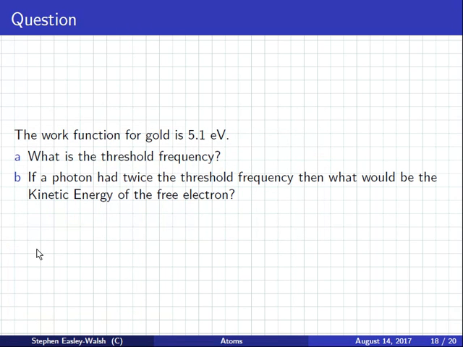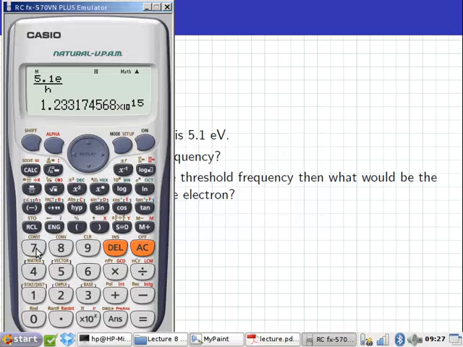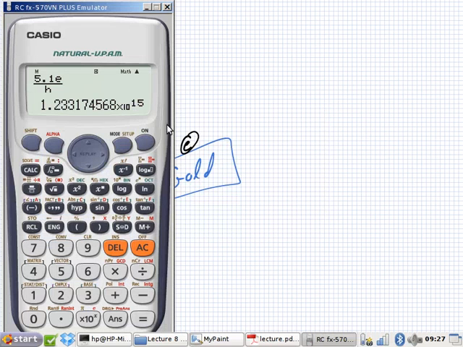If the photon has twice the threshold frequency, then what would be the kinetic energy of the free electron? So, now for the second half, we have gold, and we have our electron, and the photon here, the f will be twice this.